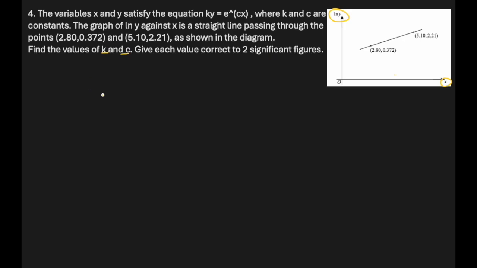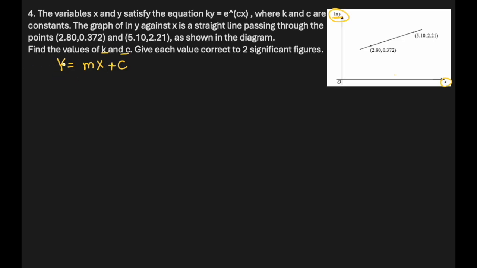Since this is forming a straight line, but our y-axis is not y, we will write a different equation for a straight line, which is capital Y is equal to mX plus c. Whenever we have abnormal axes, we just use a different kind of x and y, but we keep in touch with the normal equation of a line.